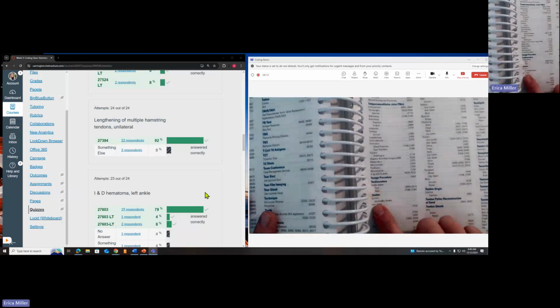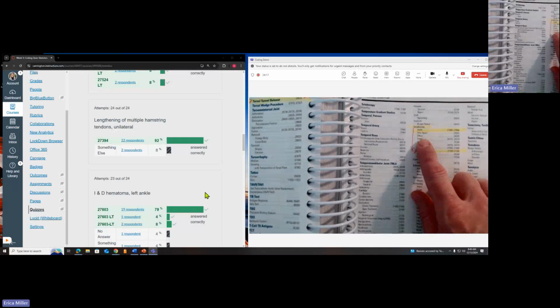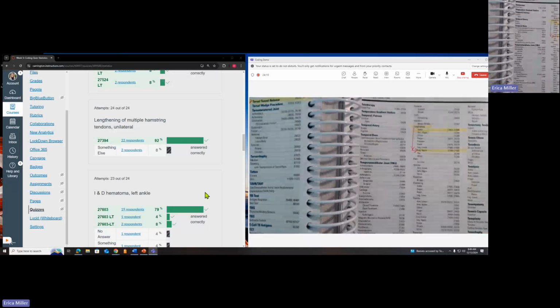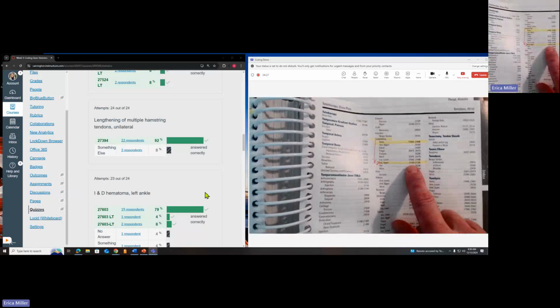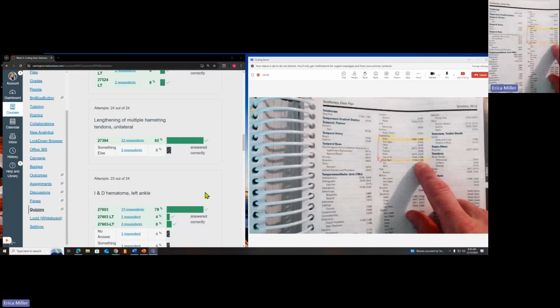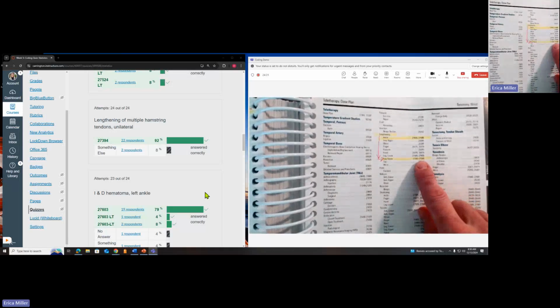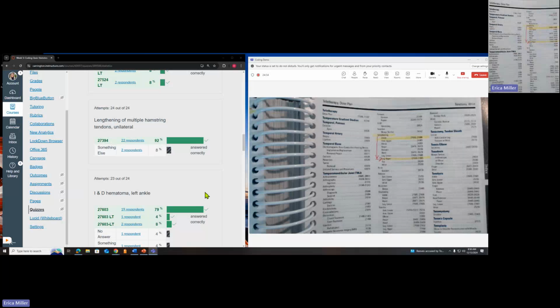All right, tendon lengthening. And you're not going to find hamstring, right? You got to know where your hamstrings are. So your hamstrings are in your upper leg. And you got a range of codes here, 27393 through 27395, right?